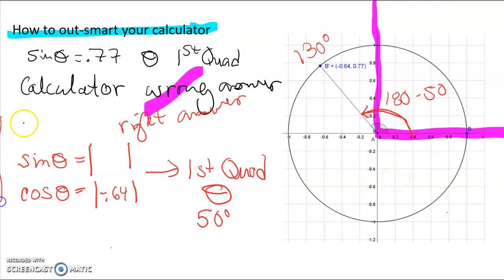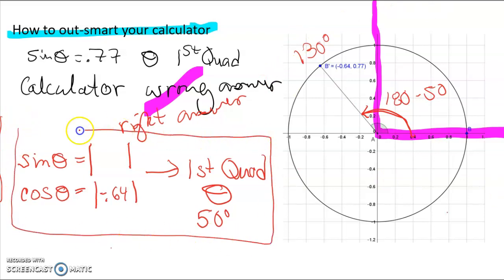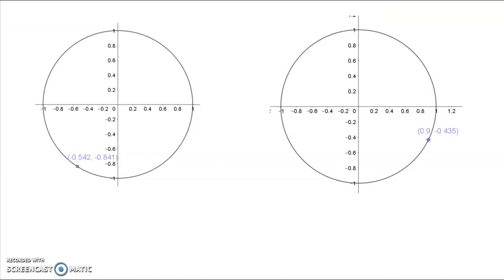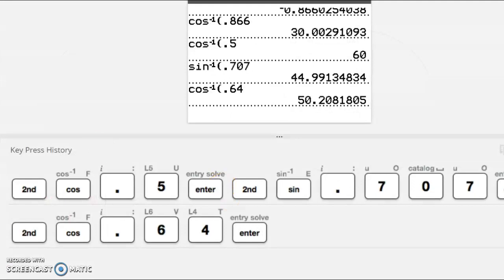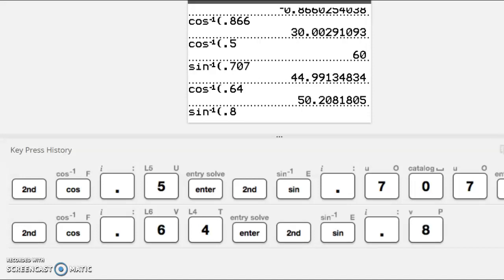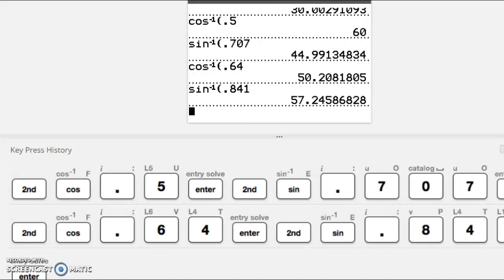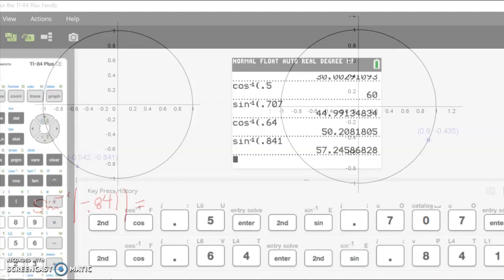So here's your little procedure. Always use cosine or sine inverse of the absolute value, and then use your reference angle to find the correct one. Over here, why don't we do sine inverse of the absolute value of negative 0.841. Our calculator then will give us sine inverse of 0.841, which is the absolute value, and it gives us 57 degrees.